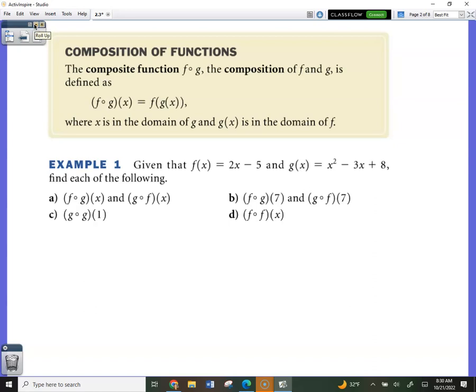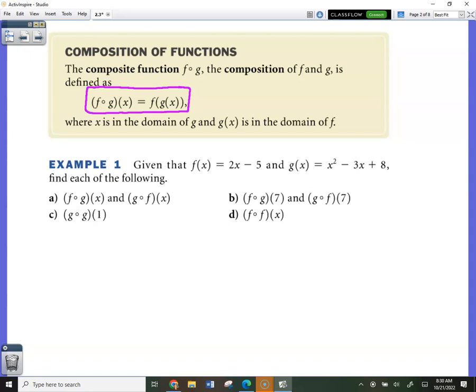First, you need to know the notation for when you're being asked to compose. It is called function composition because you're composing one within the other. The notation looks like this. It looks like it says f o g. It does not say f o g.